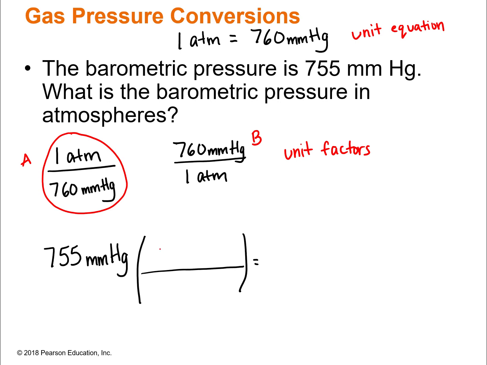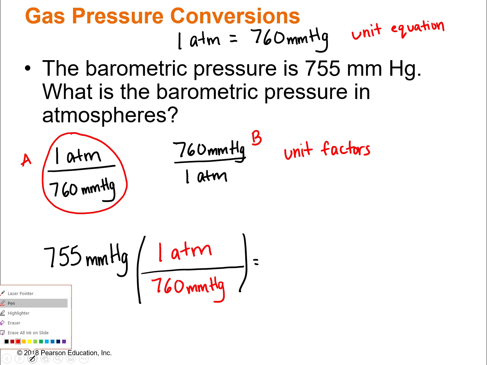We should use A. So we know that our answer is going to be in atmospheres. All we have to do is divide 755 by 760.